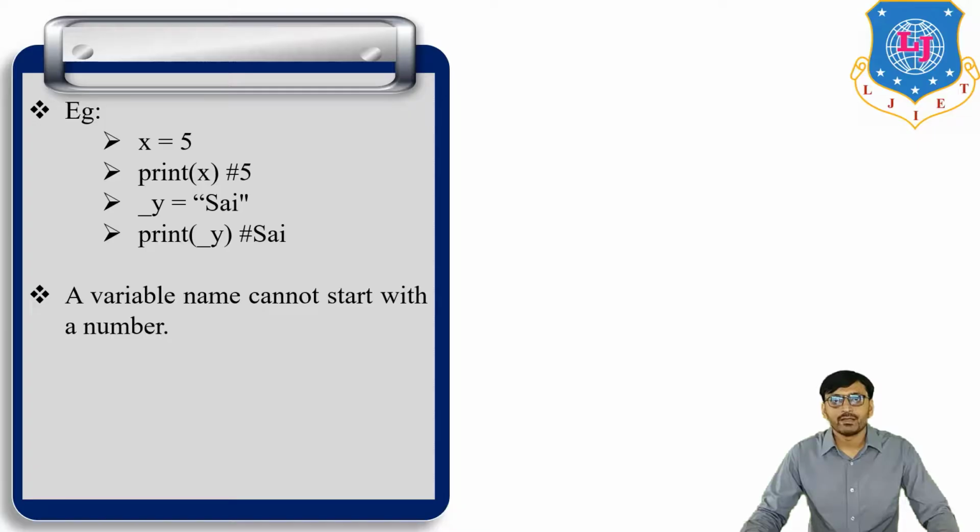A variable name cannot start with a number. Remember this. For example, 123z = 6. And if we print 123z, then we will get an error. So this same program we run in PyCharm.